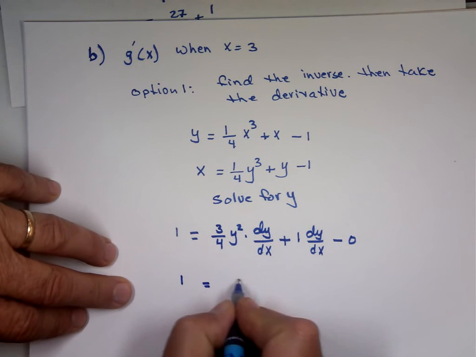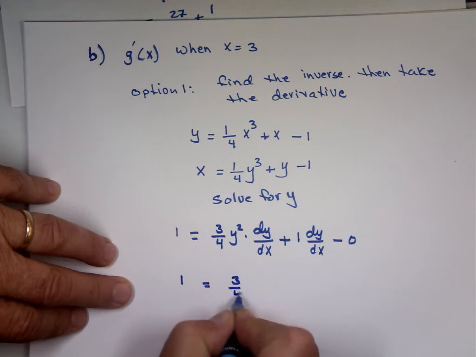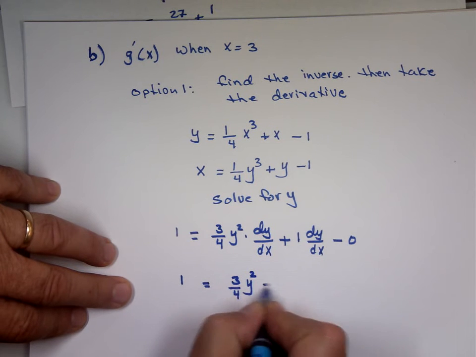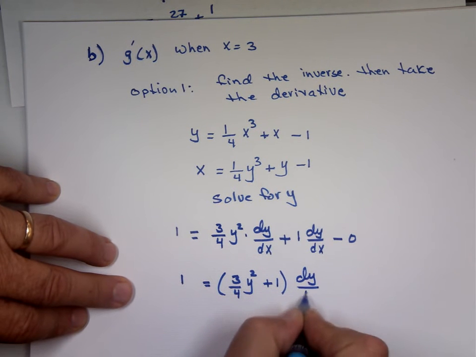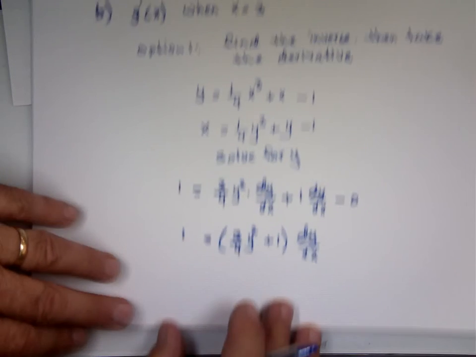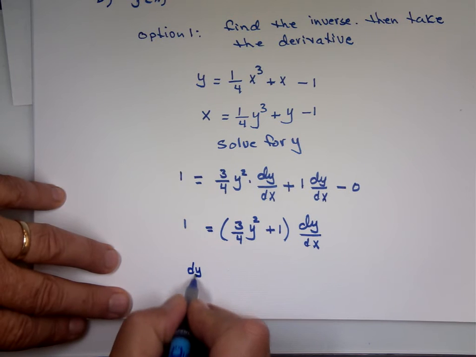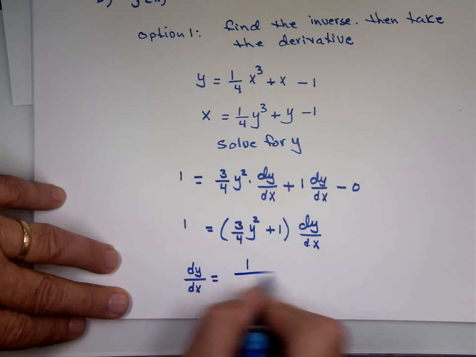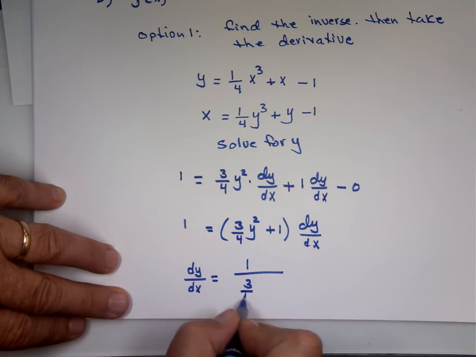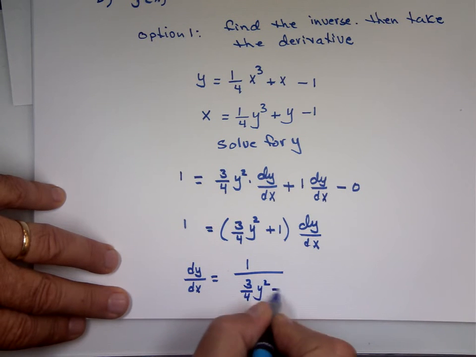One equals 3/4 y squared plus 1 times dy dx. And to get dy dx is going to be 1 over 3/4 y squared plus 1.